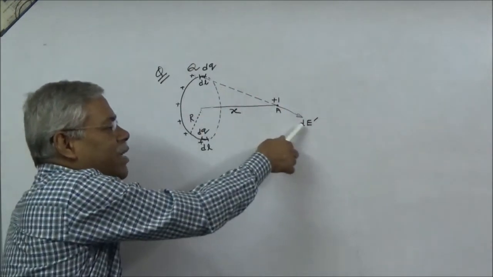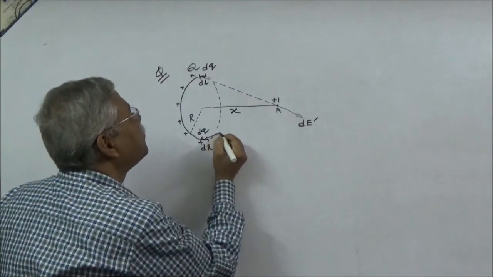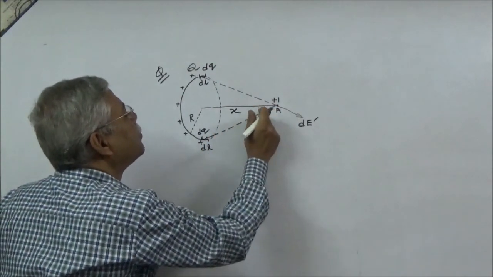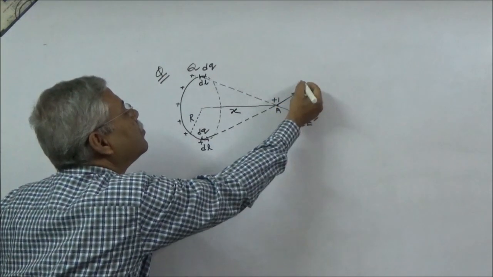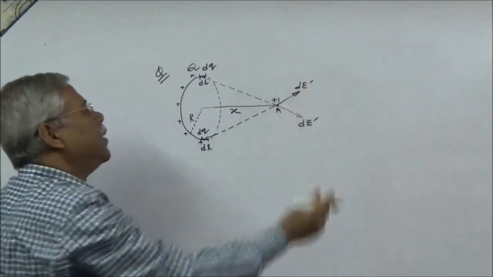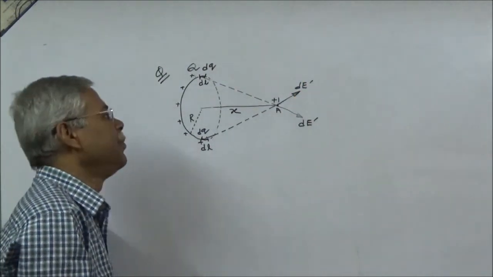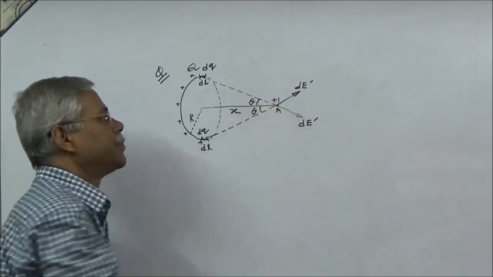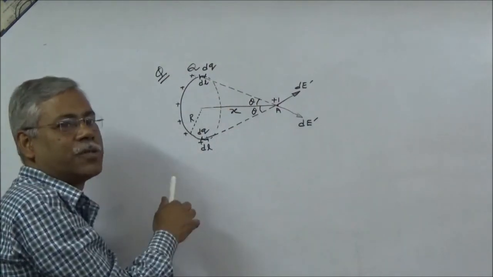Since this has exerted a force dE dash, this also exerts a dE dash force. This angle is suppose theta. So what is the net force?